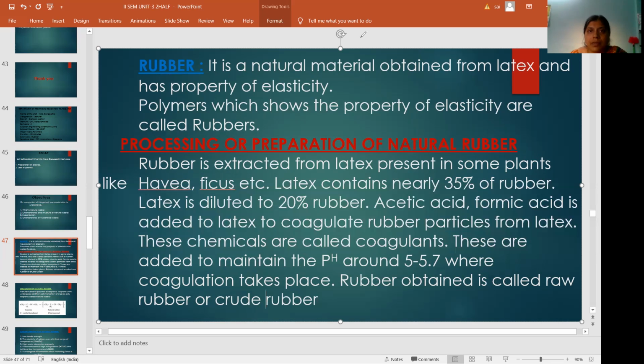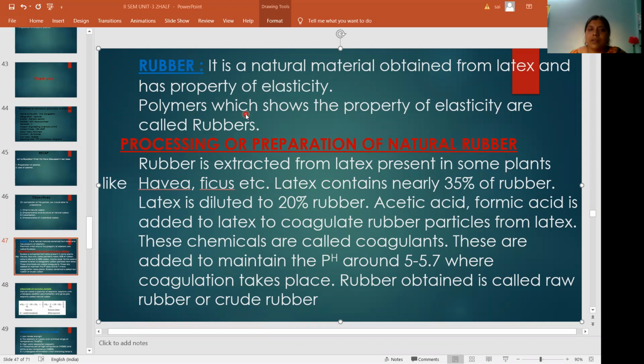Okay, understand? Where are you getting rubber from? You are getting it from the plants. When you make cuttings in the plants, you get a milky liquid. That milky liquid is called latex. In that latex, rubber particles are present. How much percentage? 25%, which will be diluted to 20%. To that, you have to add acetic acid or formic acid.